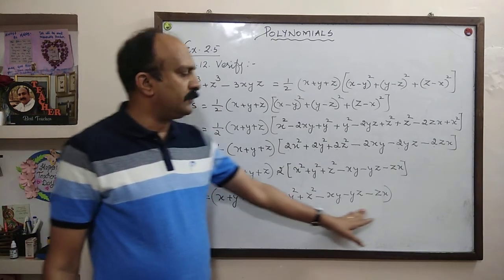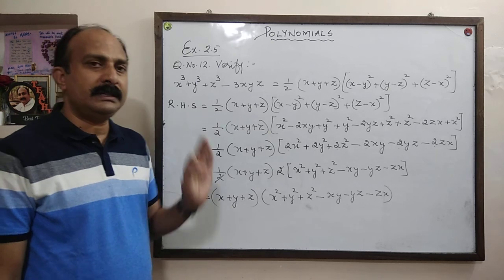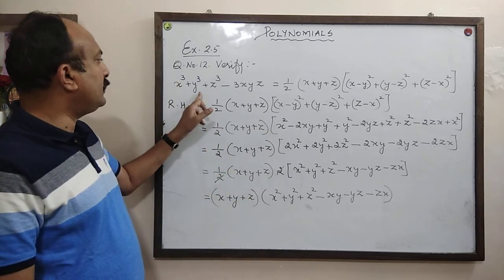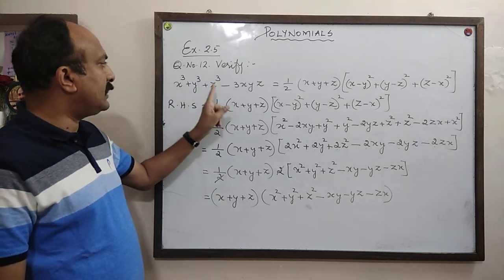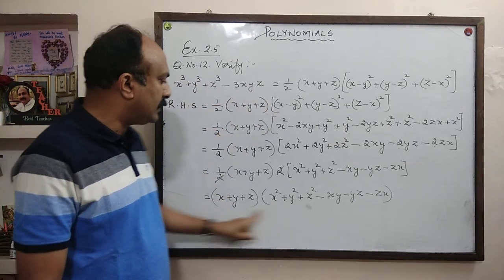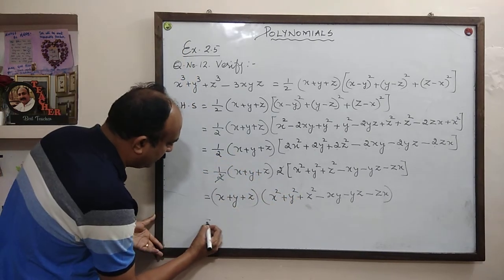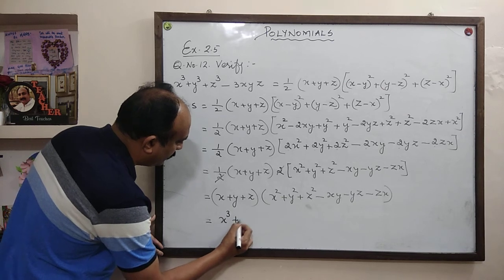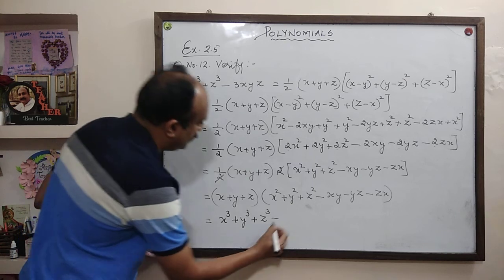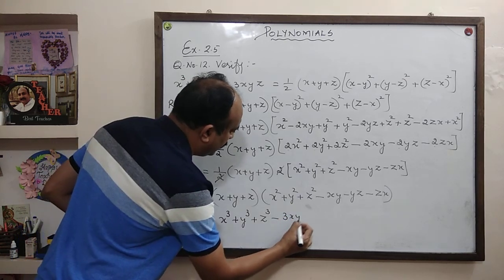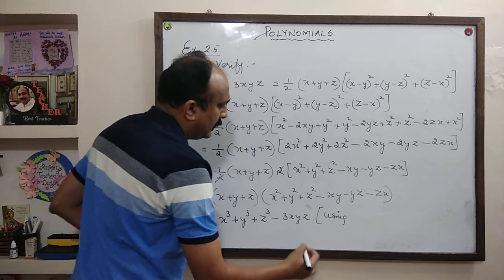Are you familiar with this form? Yes. This is the identity of a cube plus b cube plus c cube minus 3abc, or x cube plus y cube plus z cube minus 3xyz is equal to this, by identity. So we can write this is equal to x cube plus y cube plus z cube minus 3xyz, in bracket you can write using identity.